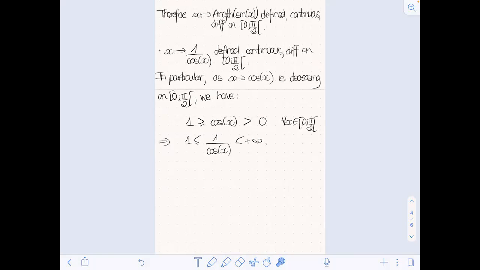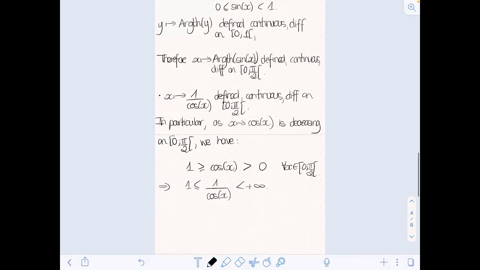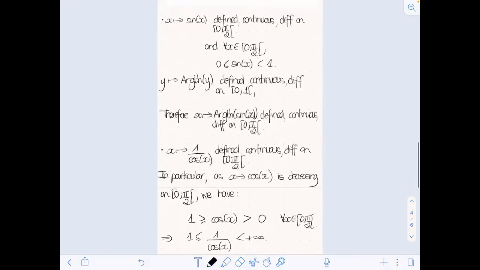And so in particular, yeah, is that point okay? Yeah. In particular, if you want to, you could just write that implication. Because what's important for us now is we want to take argch of this.